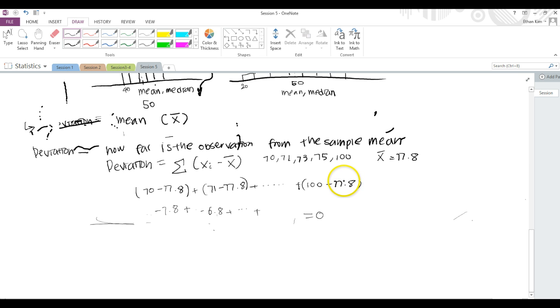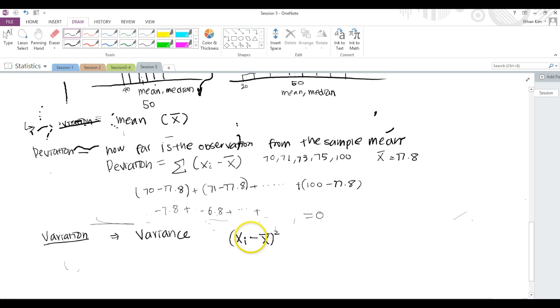Variation is the following. We measure it by something called variance. Instead of using the deviation, we're going to square all the deviations. What we're doing is taking xi, subtracting x bar, which is the mean, and then squaring them.